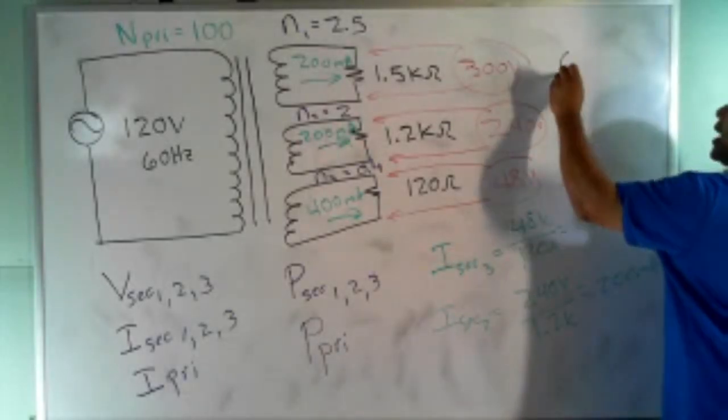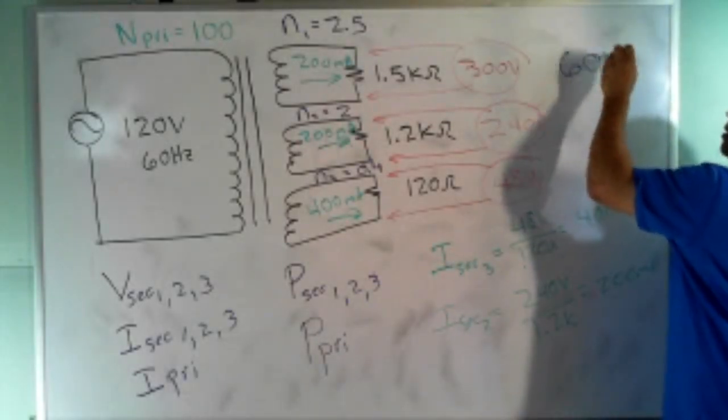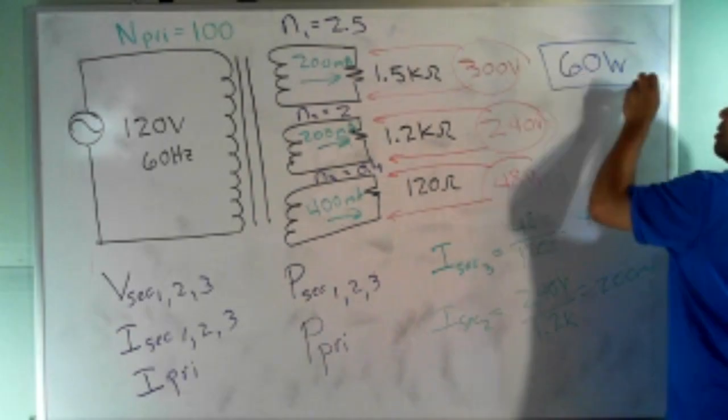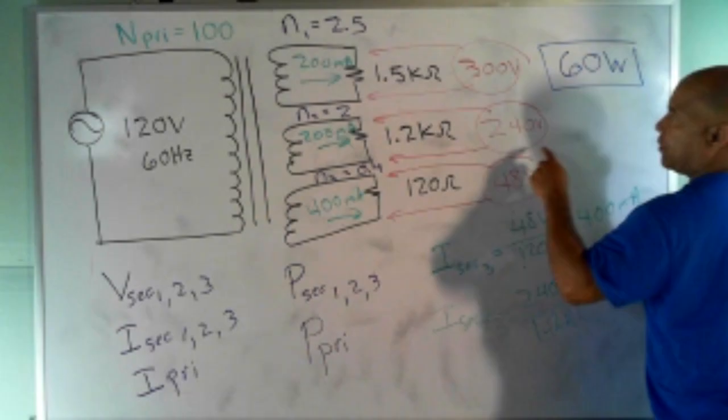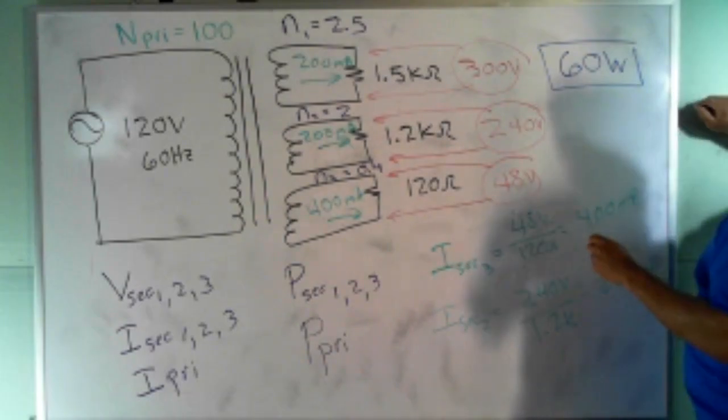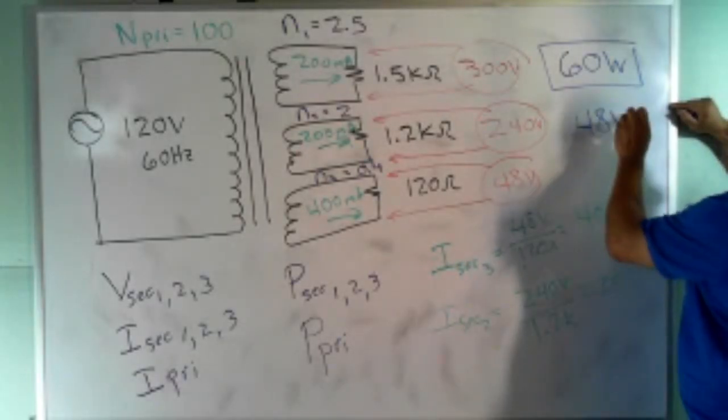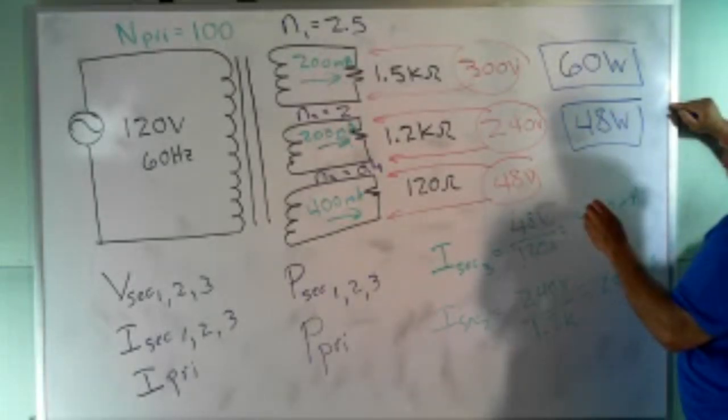So this is 60 watts for that one. And if I do again V times 0.2 for this, it'll be what? 48. Yes. And then the last one will be what? 19.2.